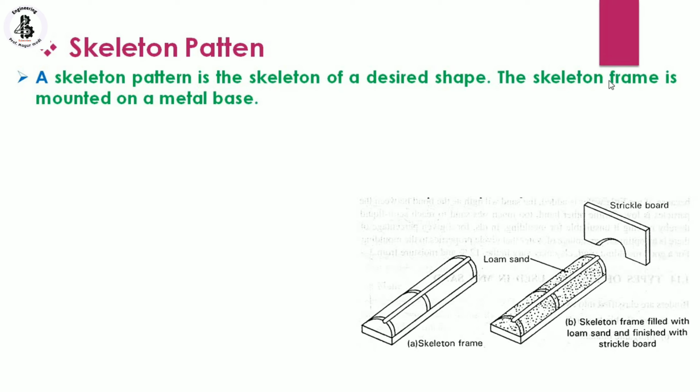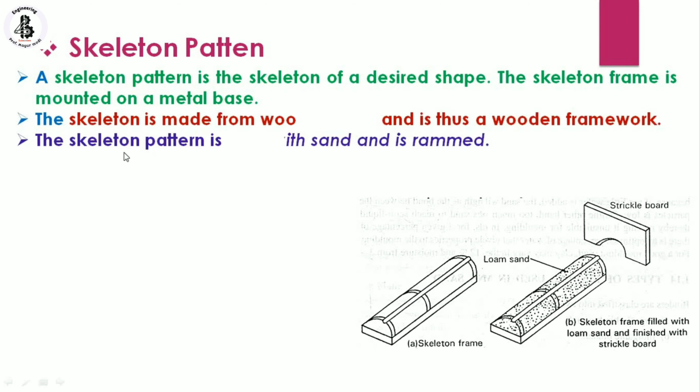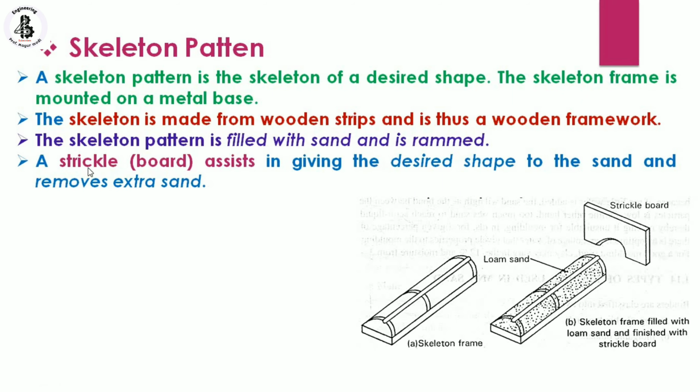The skeleton frame is mounted onto the metal base. A skeleton is made from wooden strips, and thus is a wooden framework. The skeleton pattern is filled with sand and is rammed. A strickle board, or wooden board, assists in giving the desired shape to the sand and removes the extra sand as per requirements.